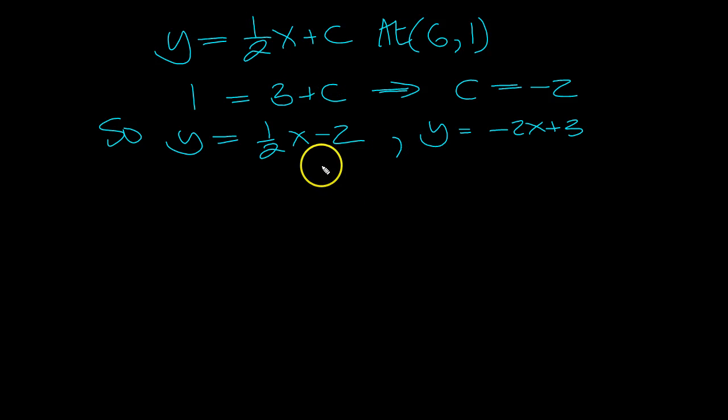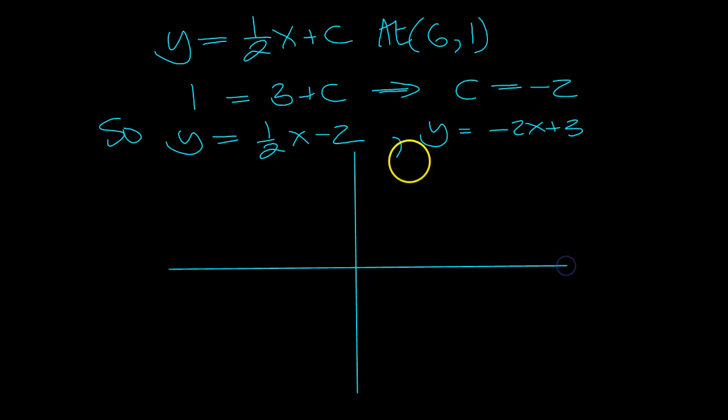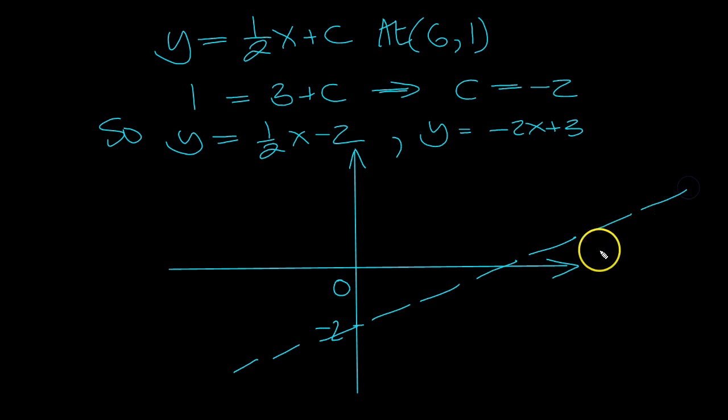I'm just going to do a quick sketch. And I'm not going to be too pedantic because I've only got a digital pen. Half x minus 2, so intercept is minus 2, gradient is a half. So it's quite a shallow straight line, so I'm going to try my best to draw it with this digital pen. A little bit too steep that, but that'll have to do.